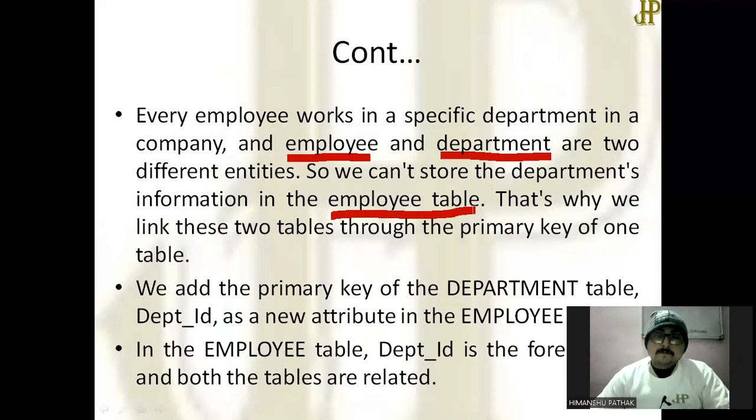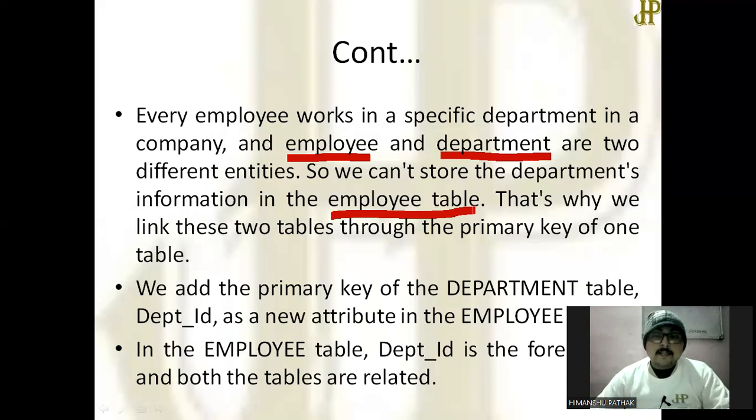But there is a link: each and every employee is linked with some department. One employee is working in the electrical department, one employee is working in the office, one employee is working in another department, and so on.